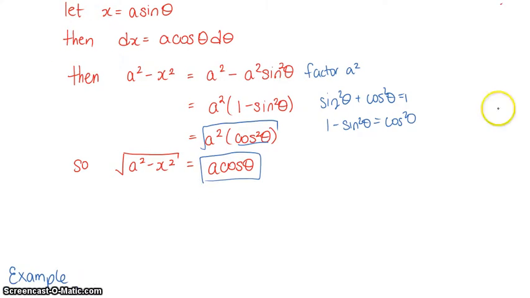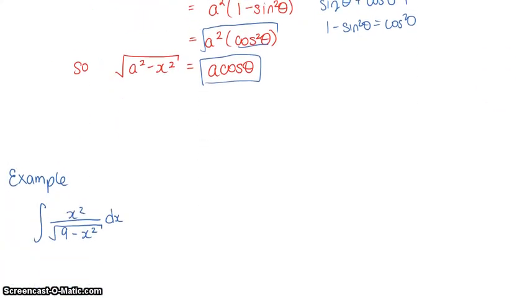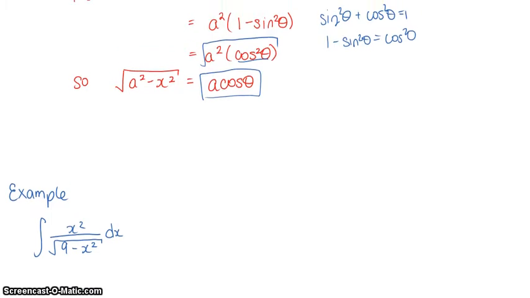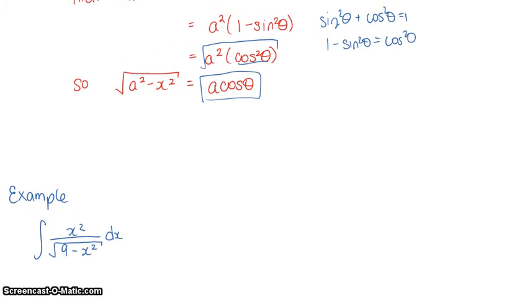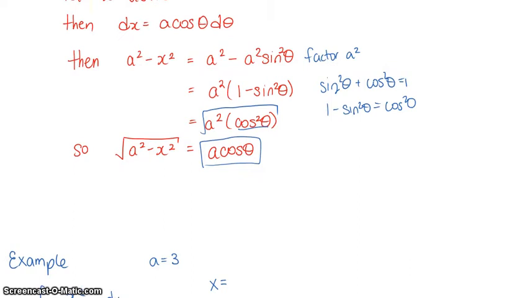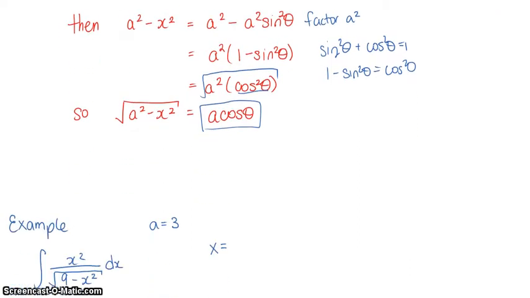So now if we look at an example that's going to use the substitution method, because we have here the format a squared minus x squared, our a in this case is equal to 3, and it falls into this format, so you can set your x, just like we have up here, to be a sine theta.